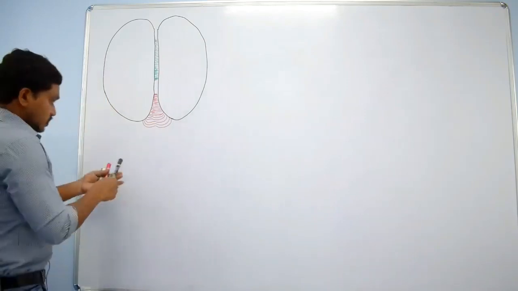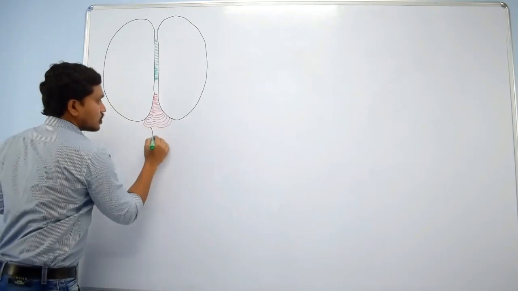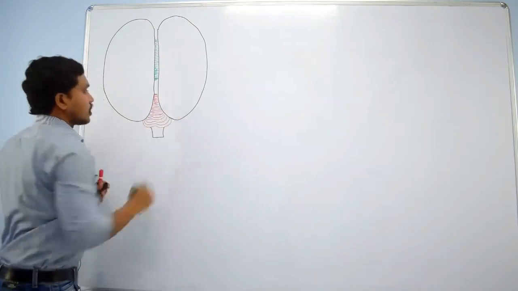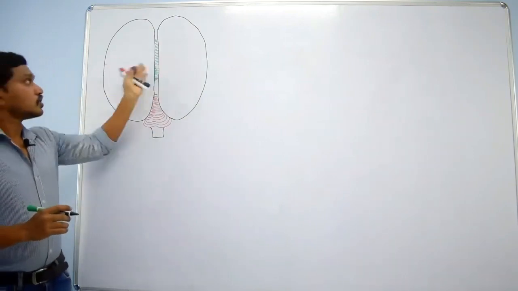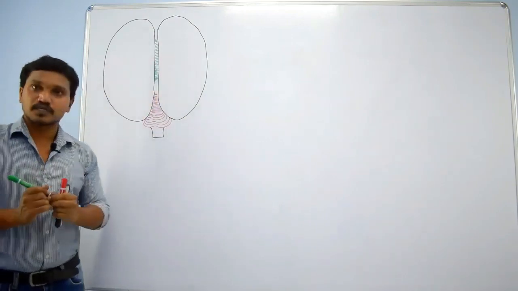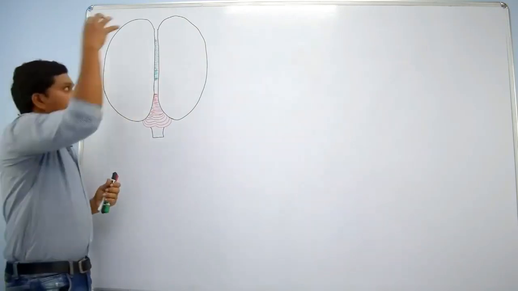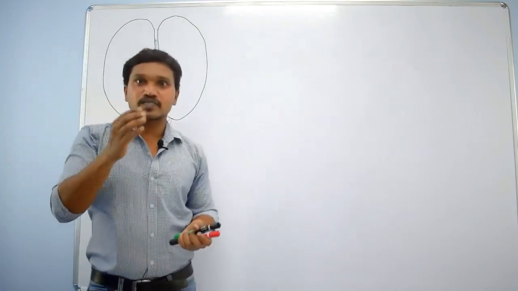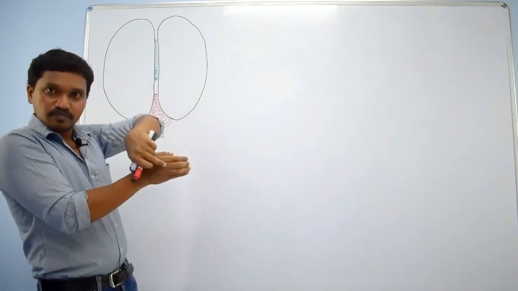Right? So here this is the brainstem. Clear? So, two cerebral hemispheres. This is which view? Superior view. Now I am taking the superior lateral surface. That means we have taken the brain and we are seeing it from the side.